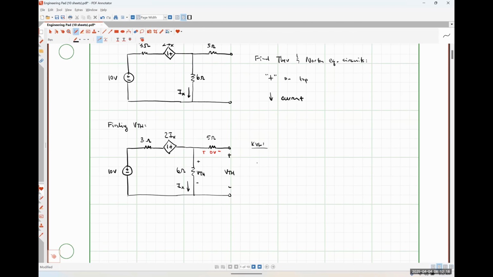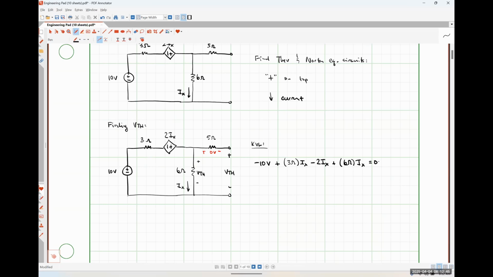I'm going to wind up having negative 10 volts plus 3 ohms Ix minus 2Ix plus 6 ohms Ix is equal to 0.